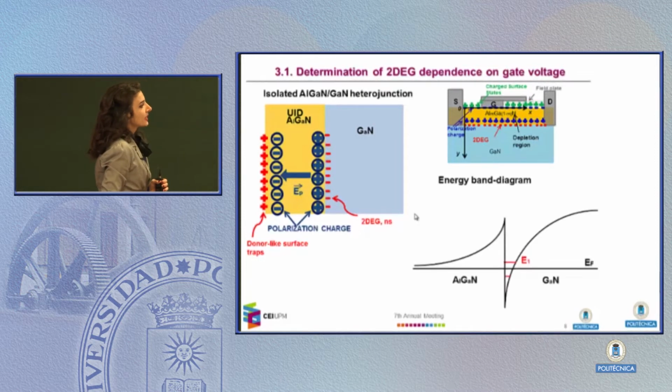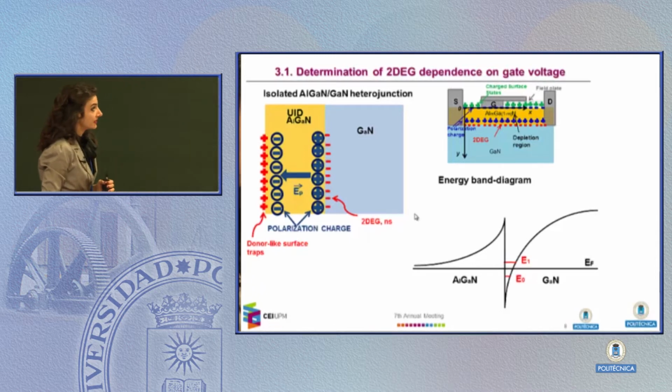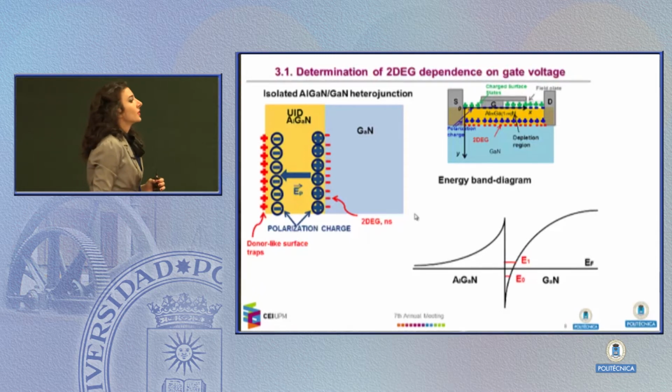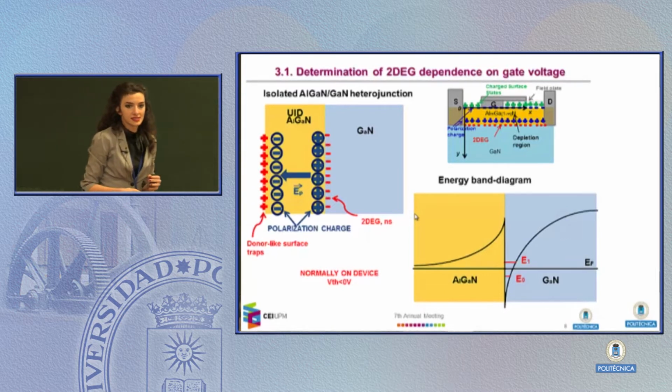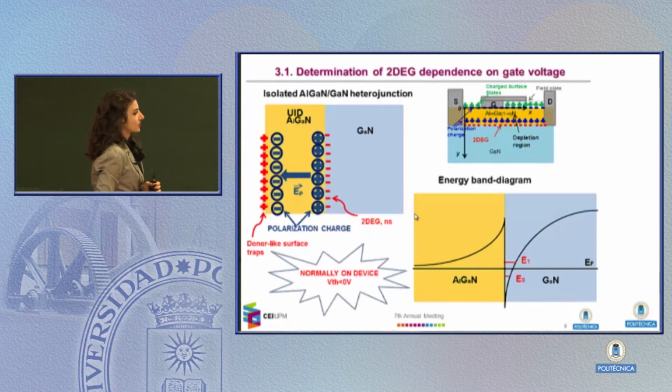What does this mean if we analyze the energy band diagram? This means that in this equilibrium state, we already have the 2D gas in the quantum well, with electrons that occupy the first energy subband, which is below the Fermi level, and this means that the channel is already open. This is why these devices are known as normally on devices with negative threshold voltage.